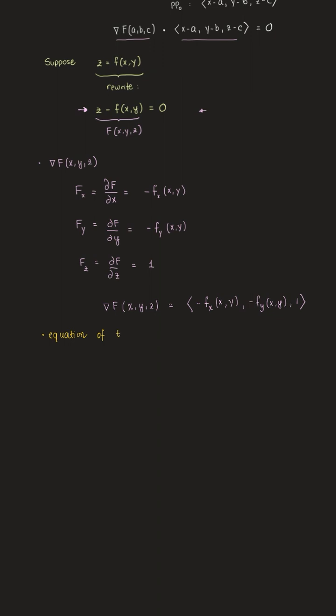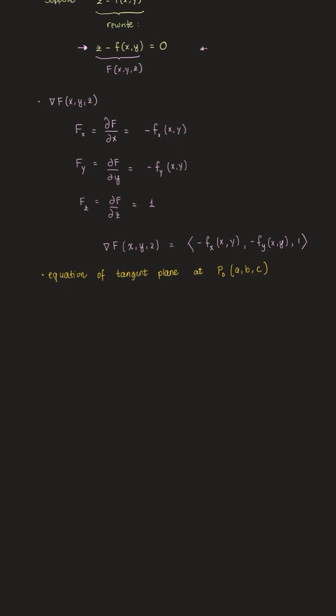This will be the equation of the tangent plane at the point P naught, whose coordinates are a, b, c. We're going to do a dot product between our gradient now at a, b, c with a vector P P naught, where P represents any other point on the tangent plane, and this has to equal 0.